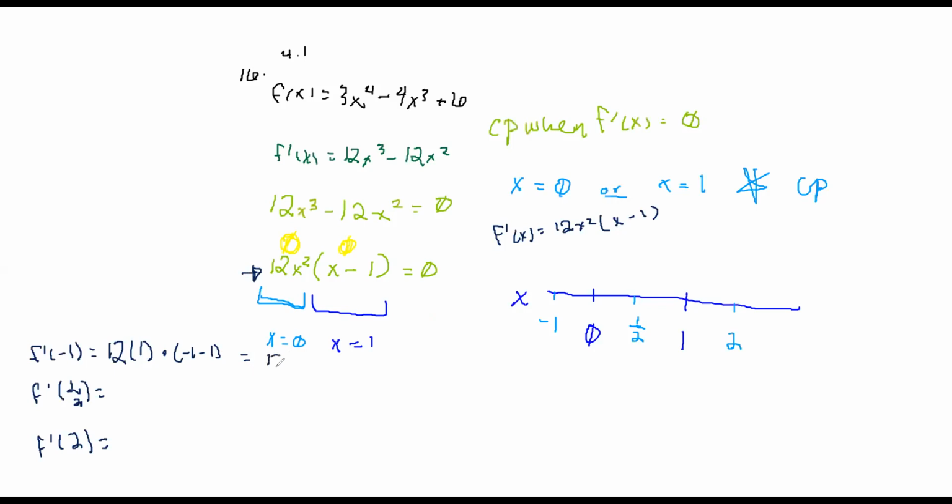This is 12 times -2, equal to -24. And all I really care about here is whether or not it's positive or negative. This is negative. So at x equal to -1, I know the derivative is negative. So I'm just going to draw it like a down arrow. You can also draw it just as a negative sign.